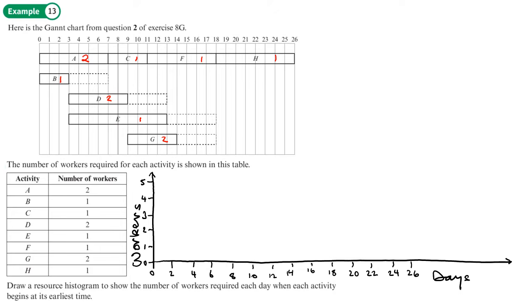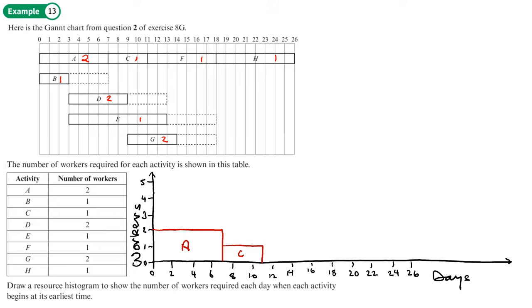So my bar is going to have a height of 2, and it's going to go all the way across to 7 and stop there. I'm just going to put the letter A in it for now. Then activity C goes from 7 to 11, only 1 worker, so it's only going to be 1 unit high. So that finishes here. I'll put a C in that.